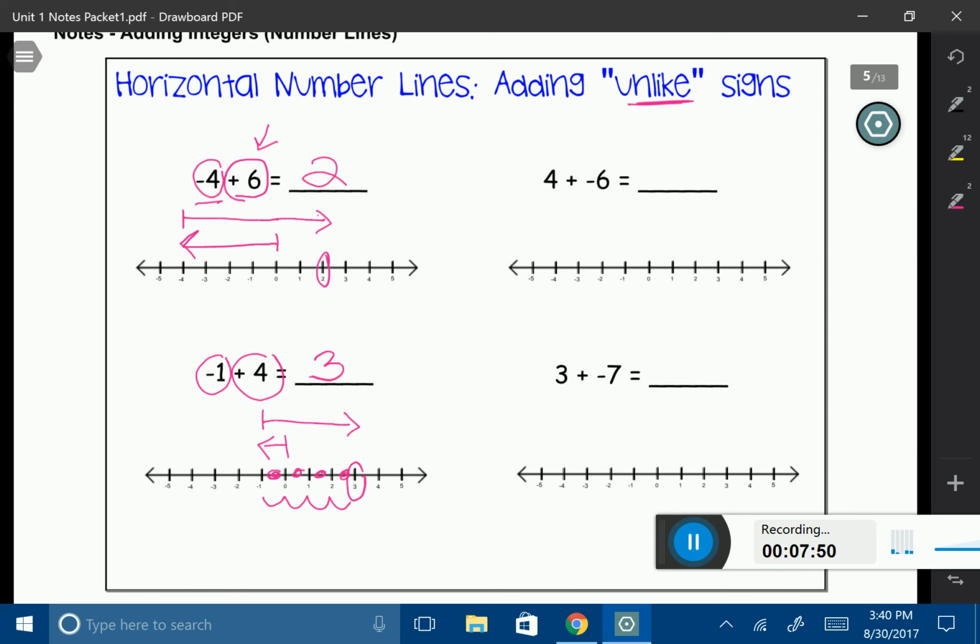All right, let's look at 4 plus negative 6. I'm going to start at my home base, and I'm going to go up 4 this time. I'm going to go up to 4 because that's my first number. But now I'm going to add a negative 6. When we add a negative 6, when these operations are next to each other, this is another term for subtraction.